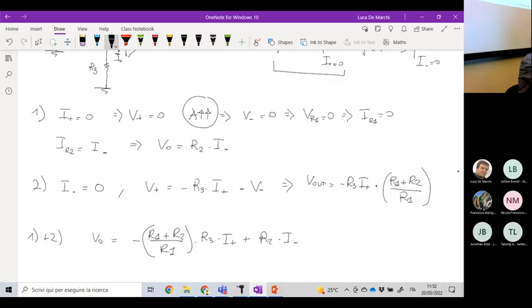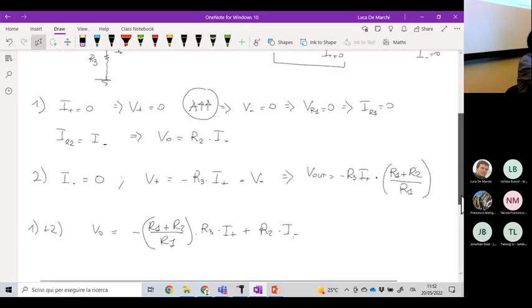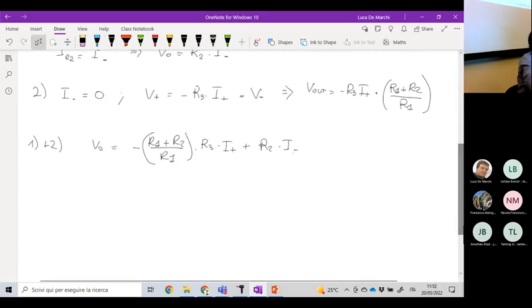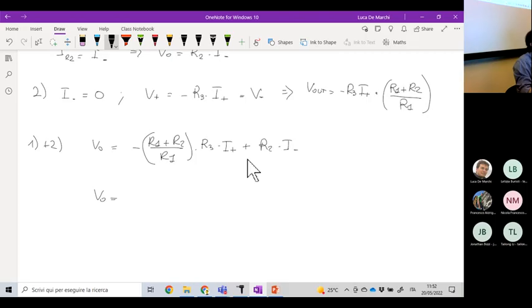We can somehow manipulate this expression to better highlight the role of I plus and I minus.